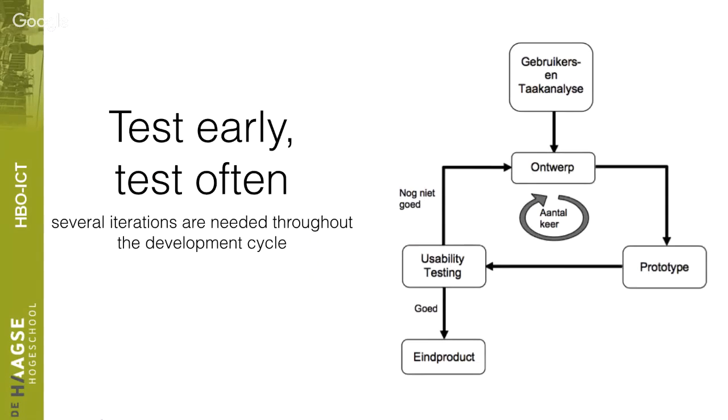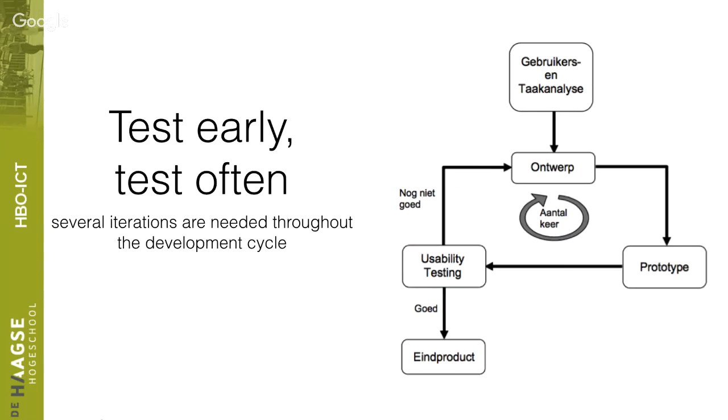So if we look at the cycle, you make an analysis of what the users want, and then you use that to design some kind of system. After you design the system, you make a prototype, and you use the prototype to do some usability testing.